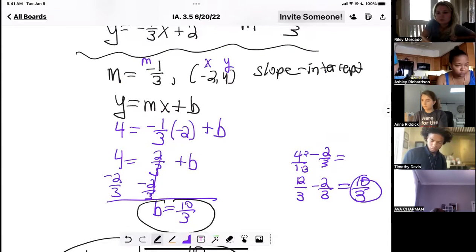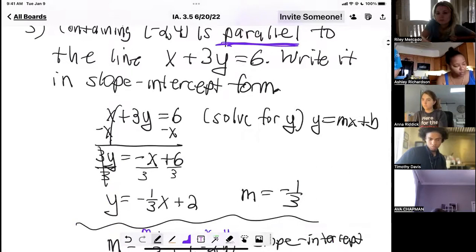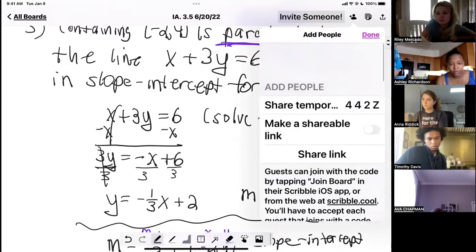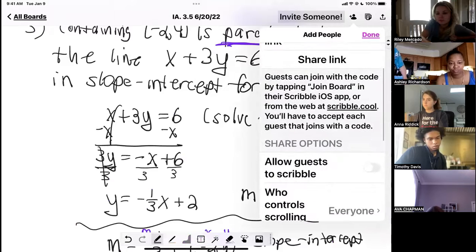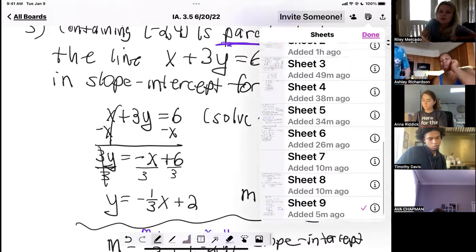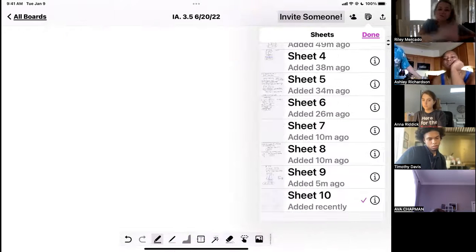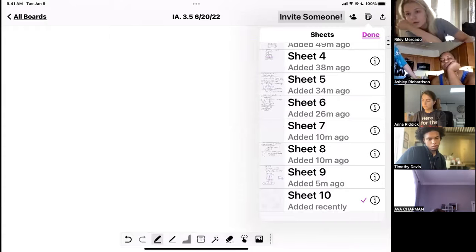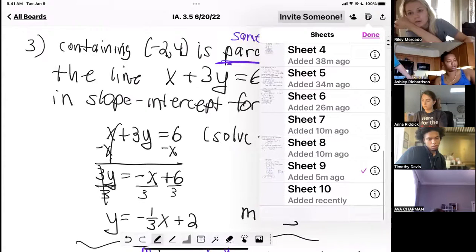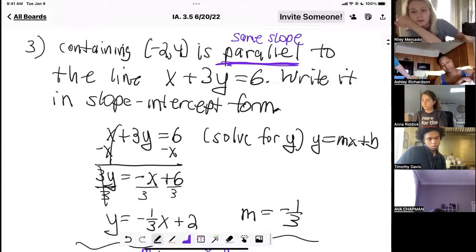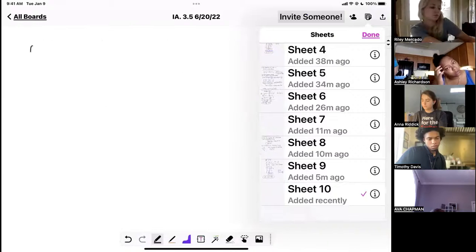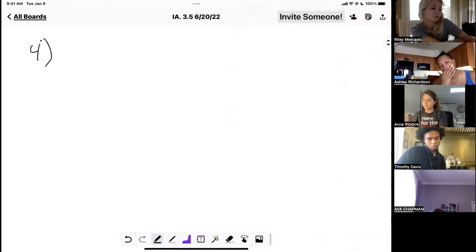I want to do one perpendicular if we can squeeze it in. Okay. Last one. I'm going to shorthand it a little bit because we're running out of time. But okay, ready?